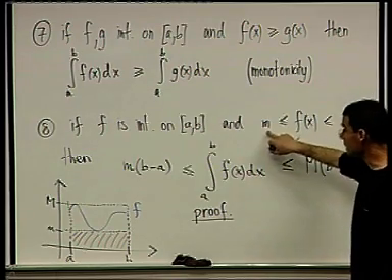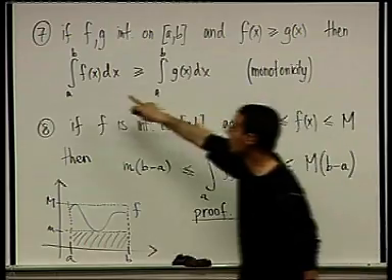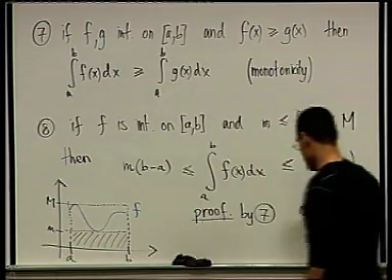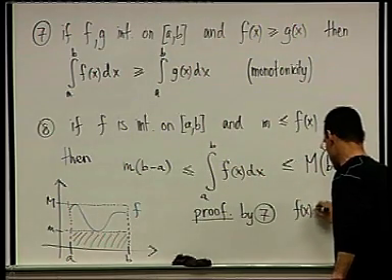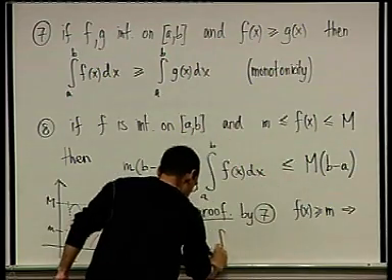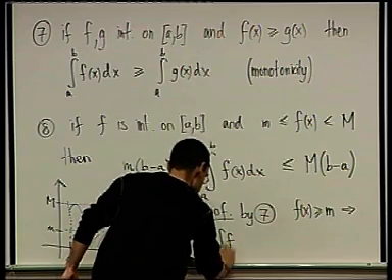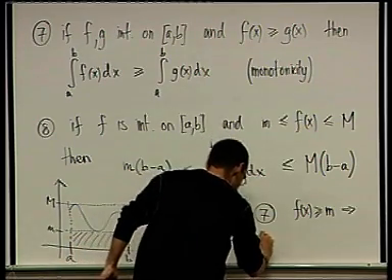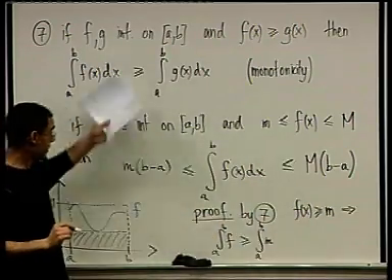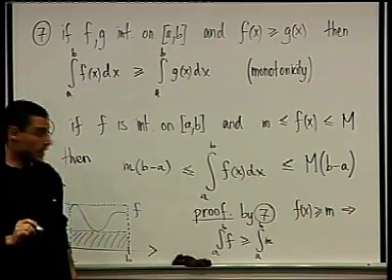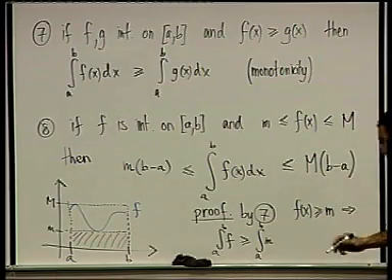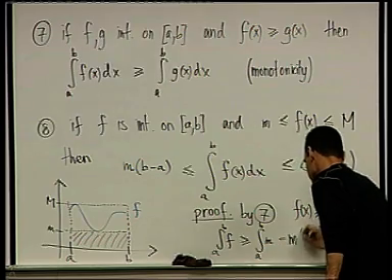If f is greater than or equal to m, then by 7, the integral of f from a to b is greater than or equal to the integral of the constant m from a to b. That's 7. Do you agree? And what is the integral of a constant? That's one of the 3 things we did calculate. It's m times b minus a.